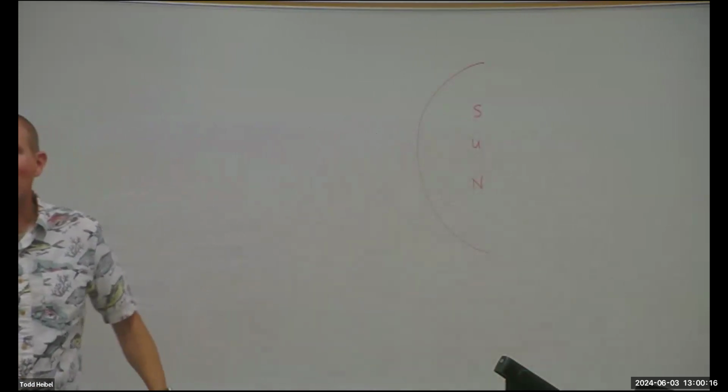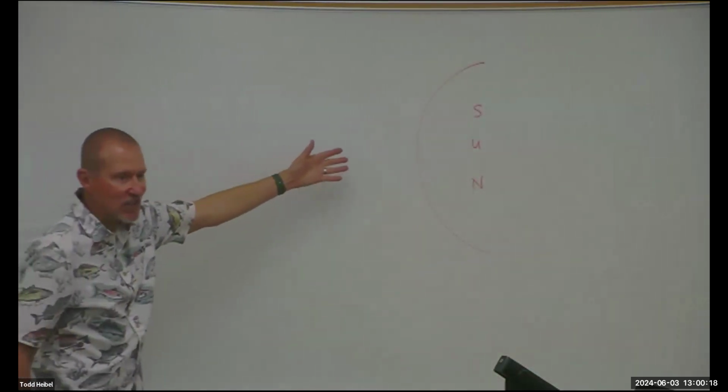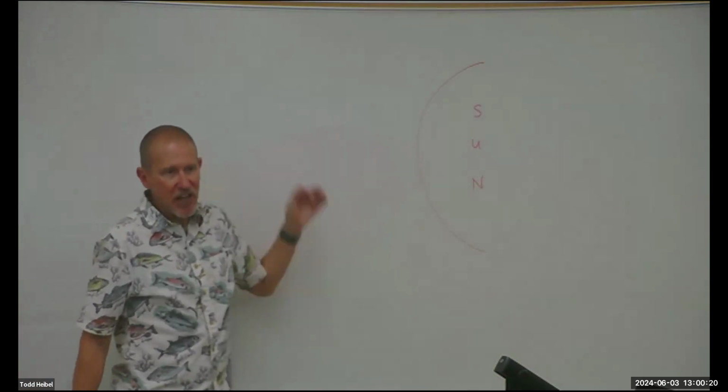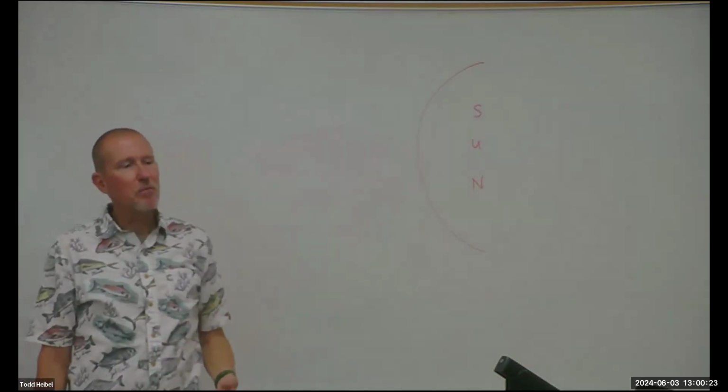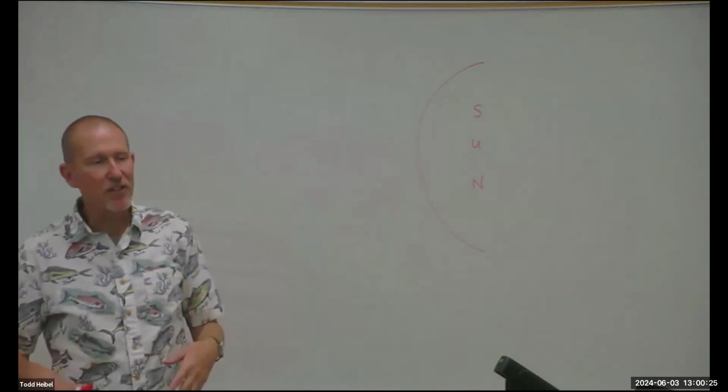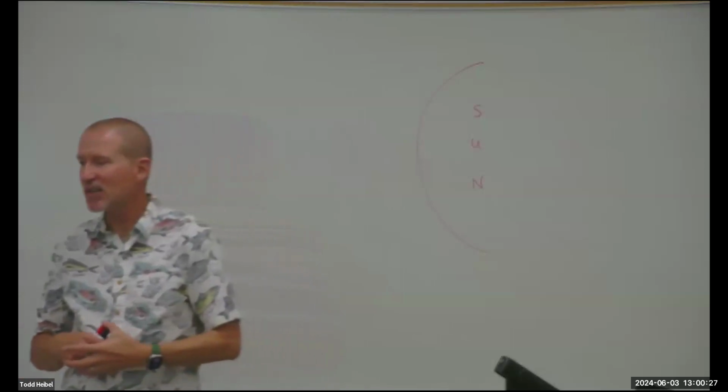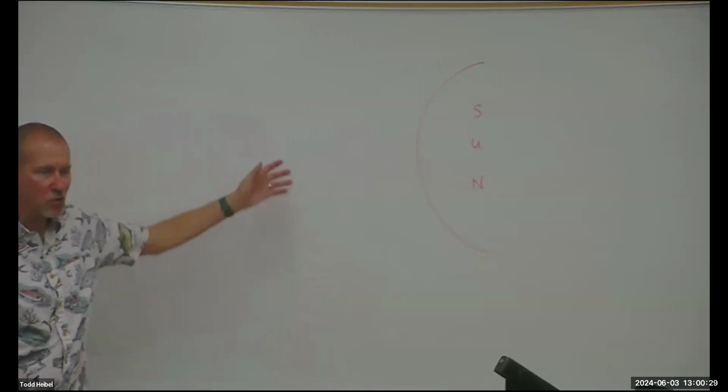We are about 8 minutes away, according to the speed of light, from the sun. So 93 million miles or 150 million kilometers, traveling at the speed of light, it takes the sun's light a little more than 8 minutes to reach us.